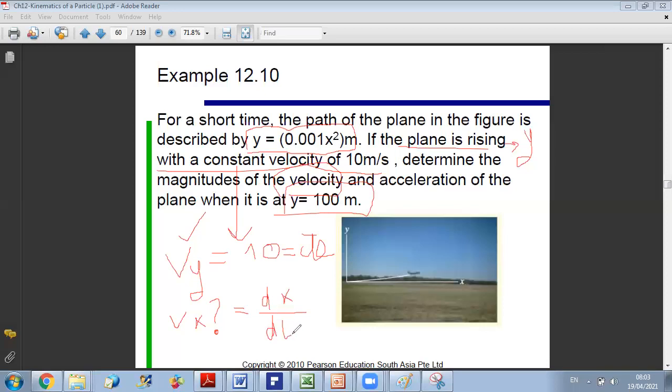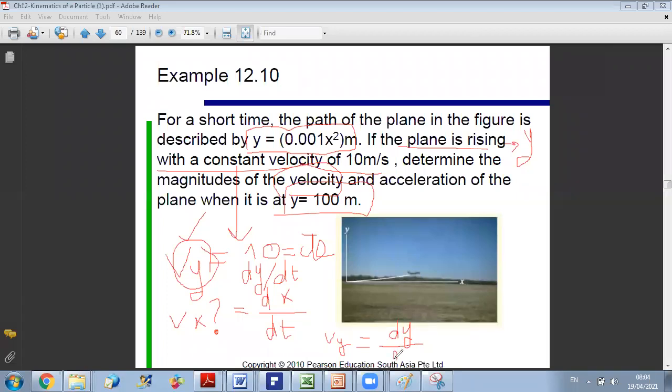But what I have is y as a function of x, and I know Vy. And using the chain rule we introduced last time, we can benefit from knowing Vy. Vy is dy by dt, okay? I can decompose it using the chain rule by writing Vy equals dy over dx times dx over dt.